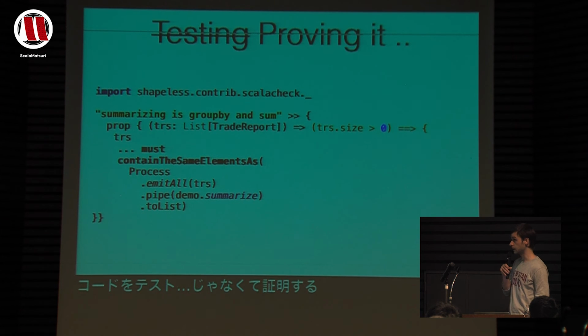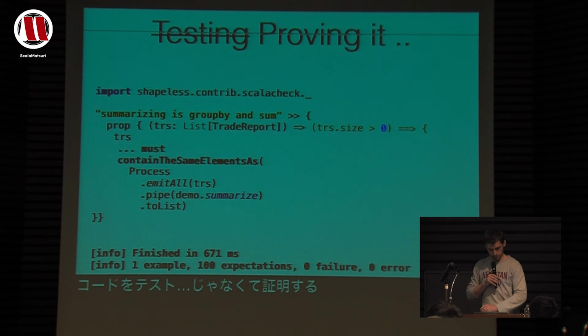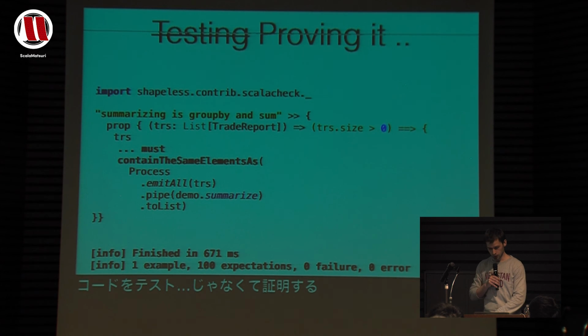In this case, we use Shapeless on top to generate random trade reports, and we can prove that what we call summarizing is nothing else than a group by and sum aggregation. And by doing this, we can run ScalaCheck, and again we see that we finished more than 100 expectations.